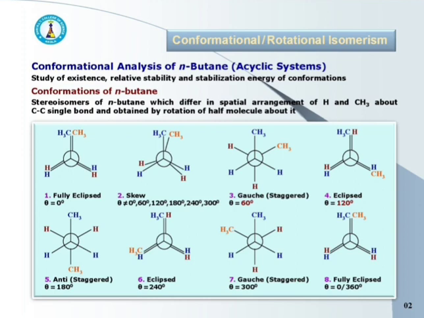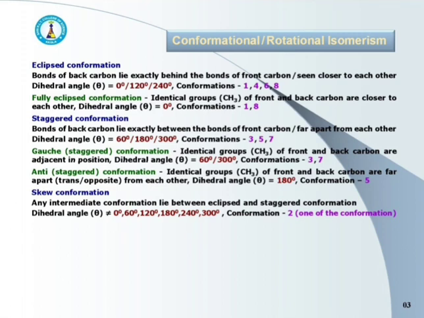Eclipse conformations. In eclipse conformations, bonds of the back carbon atom lie exactly behind the bonds of the front carbon atom.